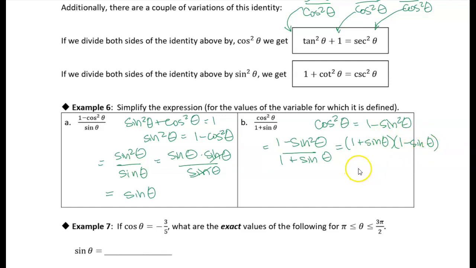Okay, just factoring the difference of two squares. And then that's all over 1 plus sine of theta. And now you can see the 1 plus sine of theta can cancel with the 1 plus sine of theta. So what I'm left with is 1 minus sine of theta. And that is equivalent to this expression that we had up here, cosine squared theta over 1 plus sine of theta.